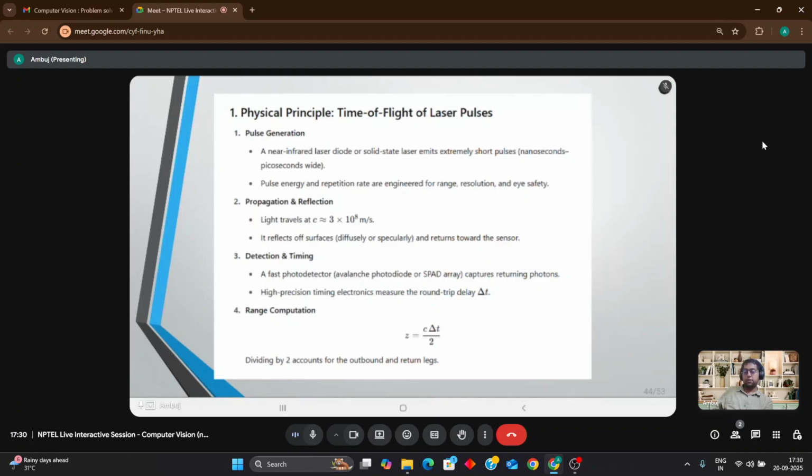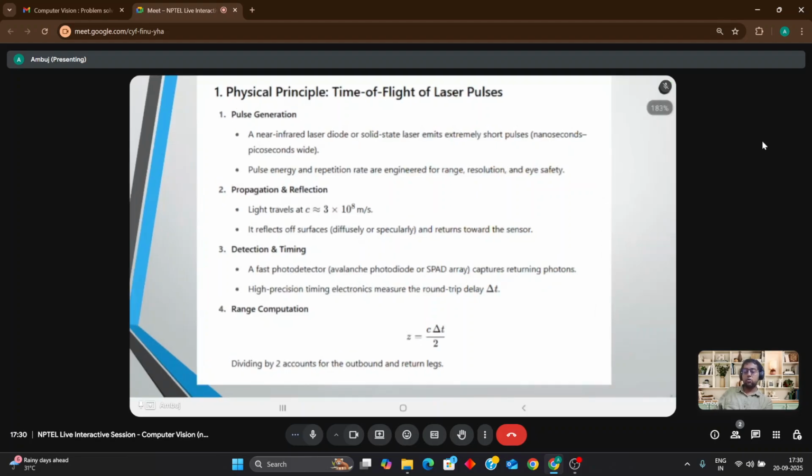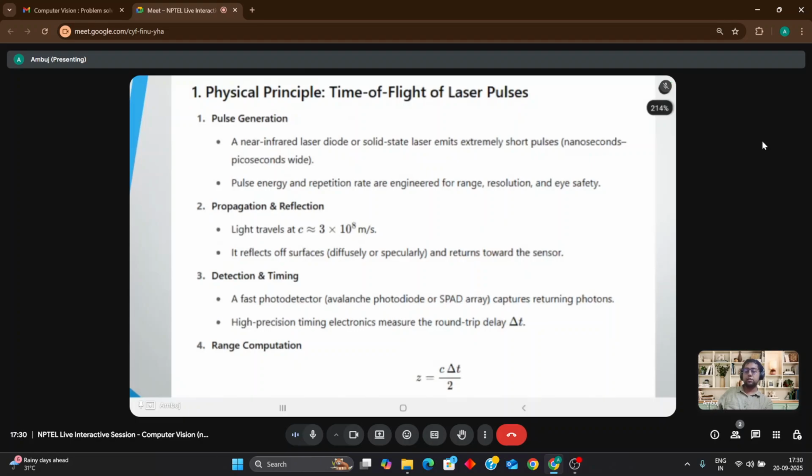The common physical principle is ToF of laser pulses. First, generation: a near-infrared laser diode or solid-state laser emits extremely short pulses within nanoseconds or picoseconds. Pulse energy and repetition rate are engineered for range, resolution, and eye safety.